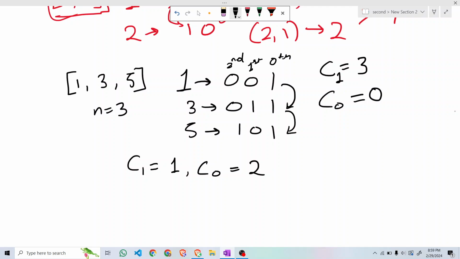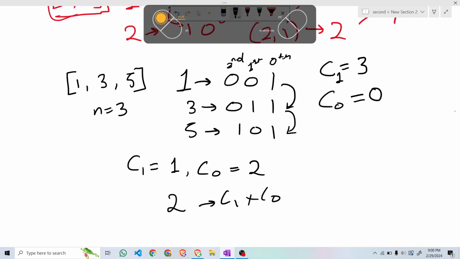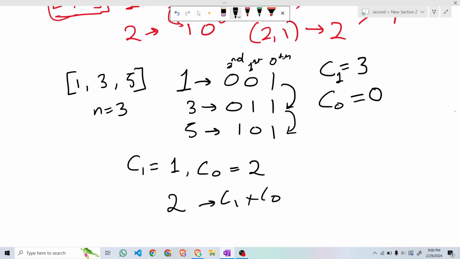So the number of pairs we can make such that in the first position the bits are different is equal to 2. How? It would be C1 times C0. So basically the number of pairs we can make such that the bits are different in only the first position.